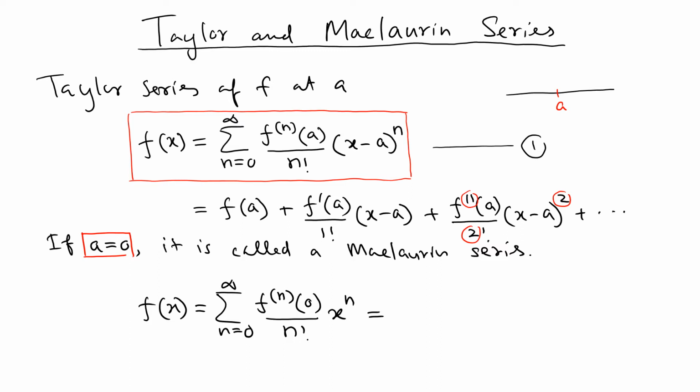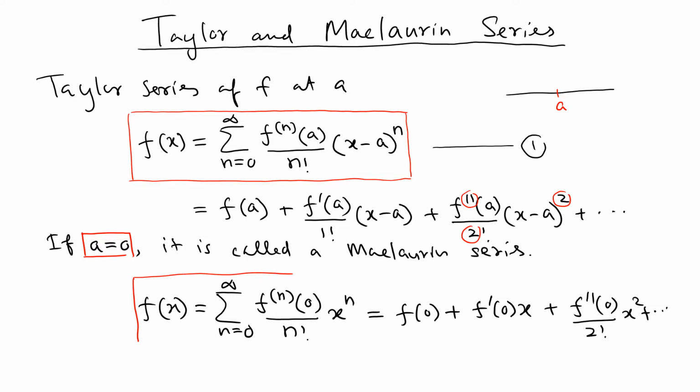We have a simplified form, which is f(0), and then f prime of 0 times x, plus f double prime of 0 over factorial 2 times x squared, like that. So that is the Maclaurin series.